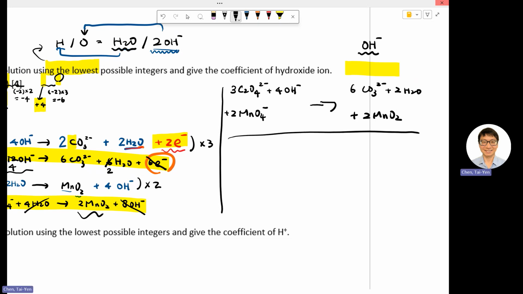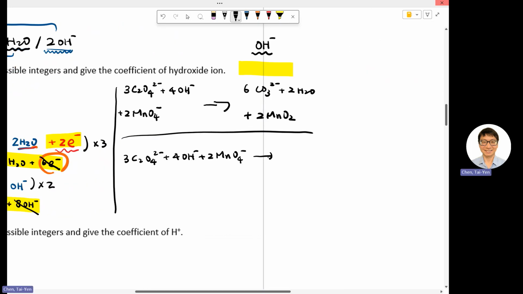So the final equation you're going to get will be 3 C2O4 2- plus 4 OH- plus 2 MnO4- is going to give you 6 CO3 2- plus 2 MnO2 plus 2 H2O.